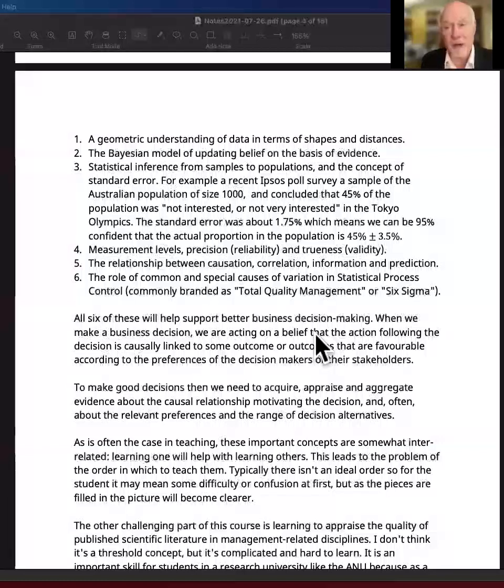We don't go into that in any detail. I will show you how to do a simple calculation with it, but the most important thing is actually learning to think this way, learning to weigh up evidence and learning to see how evidence might be misleading.